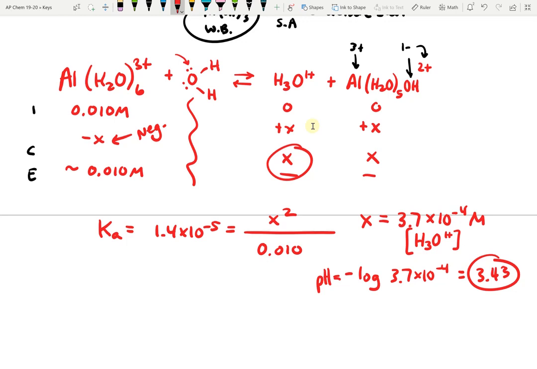So it's on the stronger end of the weak acid spectrum with a pH of 3.43, even for a fairly dilute concentration of aluminum. So aluminum is actually very effective as an acid. It can be used in various places to lower the pH of solutions in a large way by using an ion like aluminum. Sometimes that's appropriate, sometimes it's not. But here it shows how it comes out as a pH on the acid end of the spectrum.